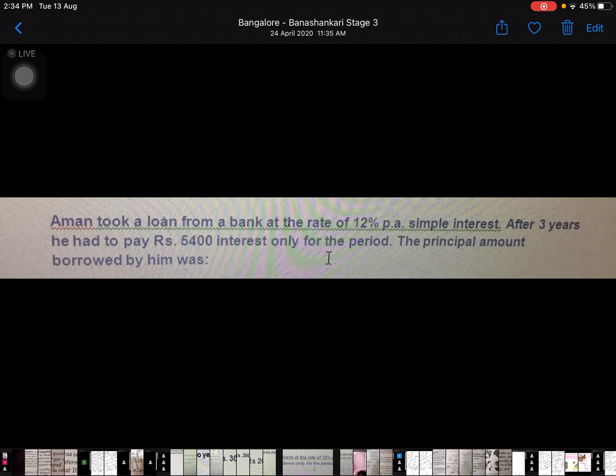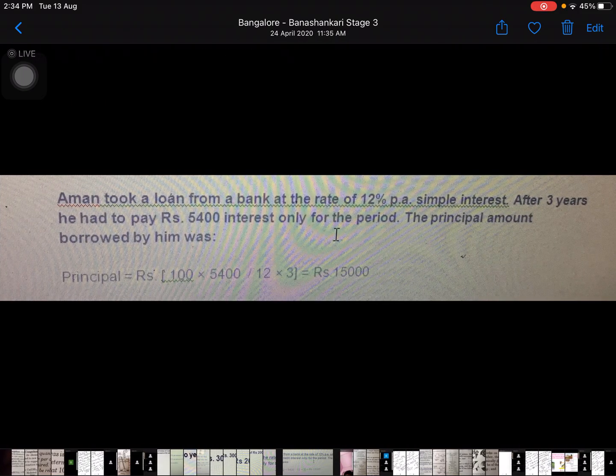So there is another problem where Aman takes a loan at the rate of 12% per annum in simple interest. After 3 years, he has to pay 5400 as interest only for the period. The principal amount borrowed by him has to be calculated.